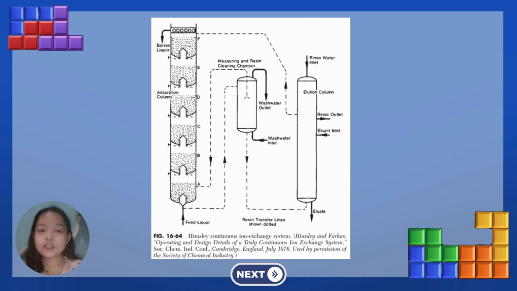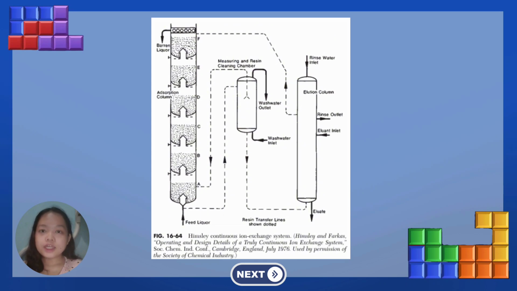Once the resin at the bottom, section A, becomes saturated or used, it gets transferred to measuring and resin cleaning chamber. Dito muna siya lilinisin gamit ang wash water. This step removes dirt, solids, or remaining chemicals on the resin.